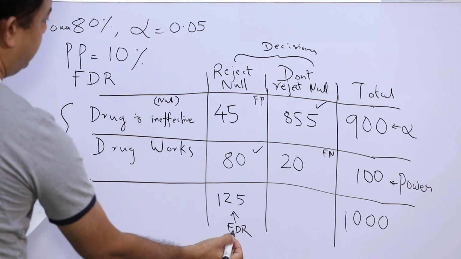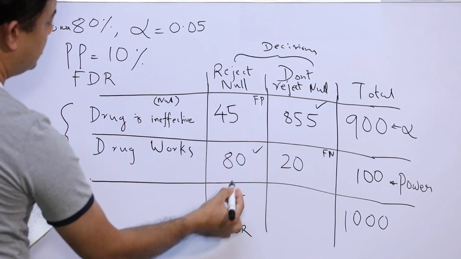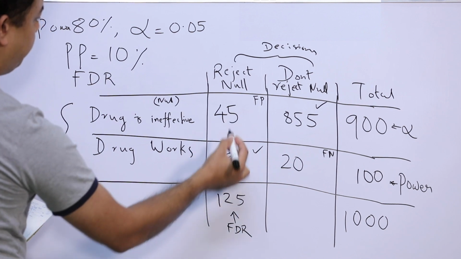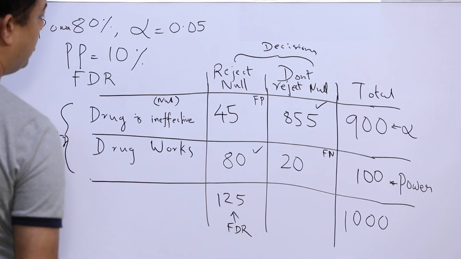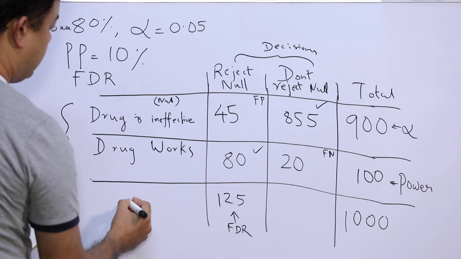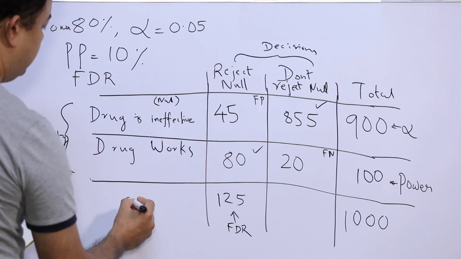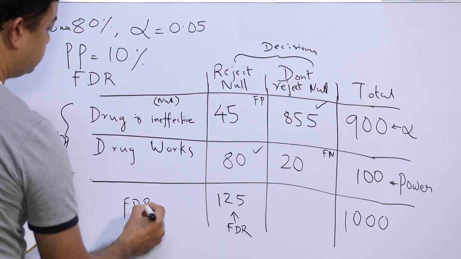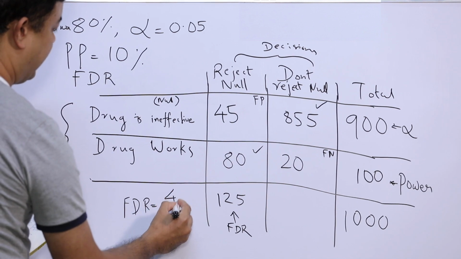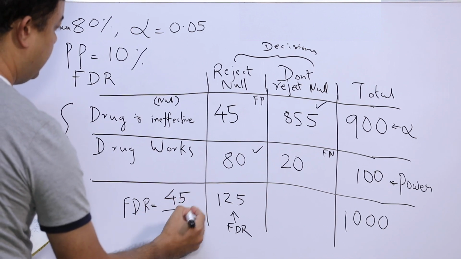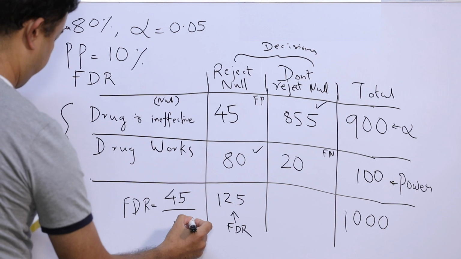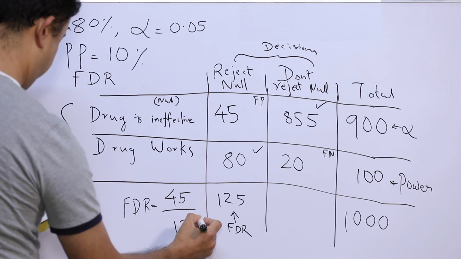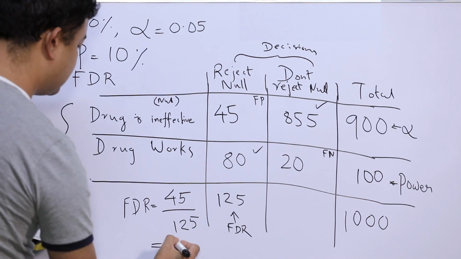To calculate FDR, it's very simple: the proportion of false positives out of the total. So 45 out of 125 is false positive. FDR is equal to 45 divided by 125, so that is equal to 36%.